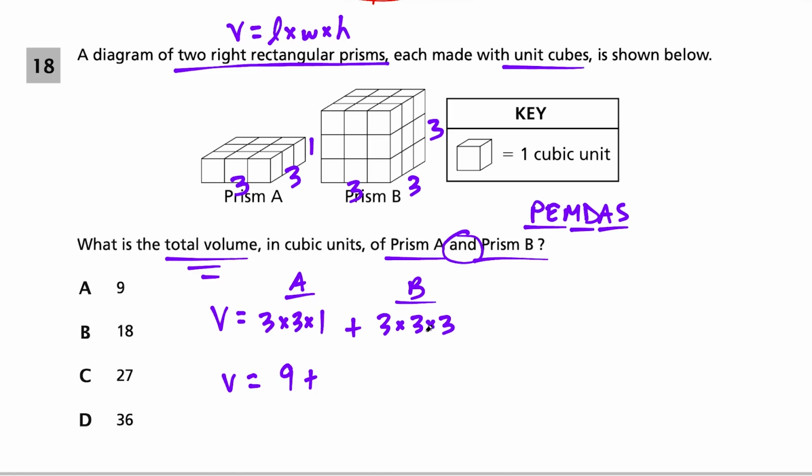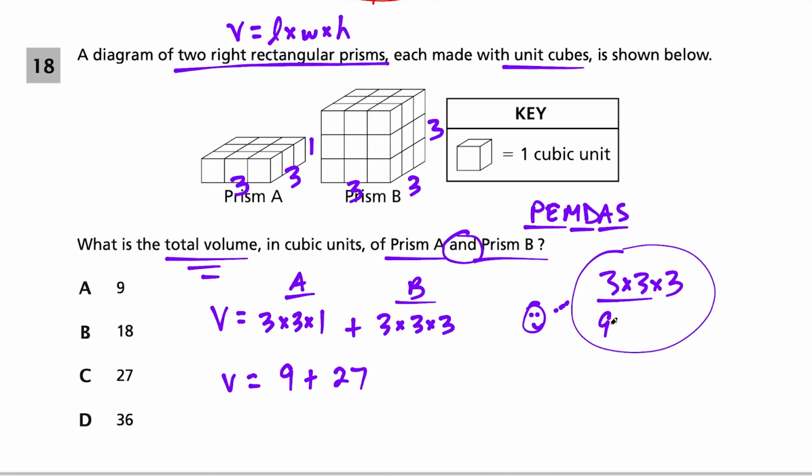Plus, if I do 3 times 3, that's going to give me 9, and then 9 times 3 is 27. Okay, the math that I'm doing in my head for that, if that's a little tricky, is when I do 3 times 3 times 3, I'm multiplying these two numbers first to get 9, and then 9 times 3 is 27. Okay, so that's where this is coming from. And then 9 plus 27 is 36, so choice D is our answer.